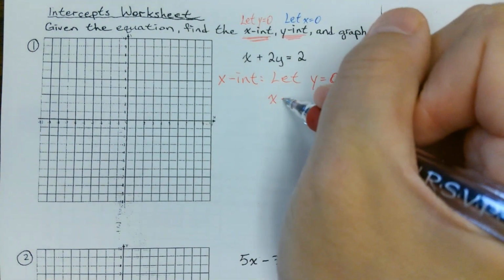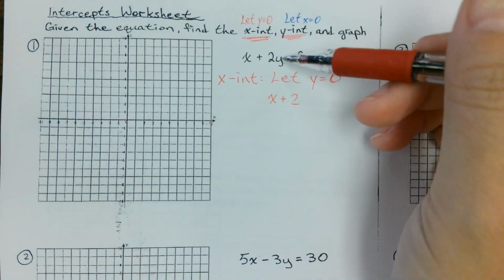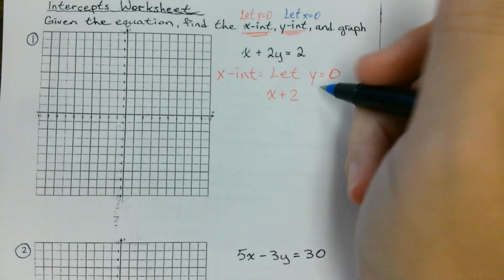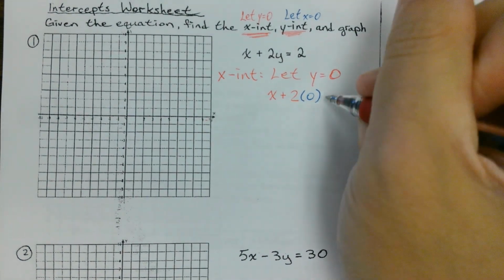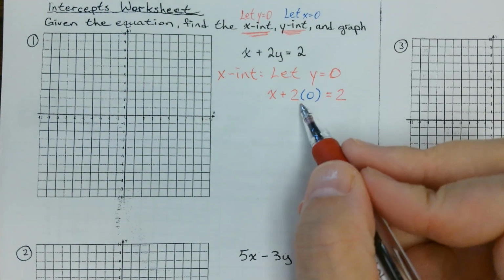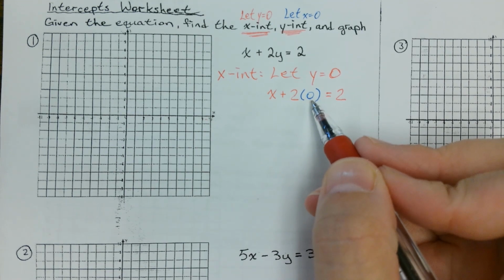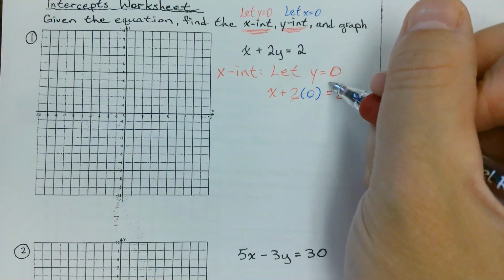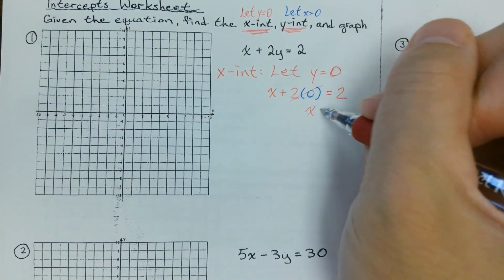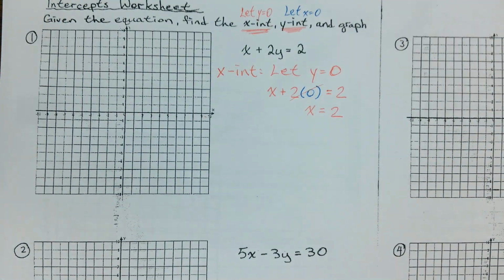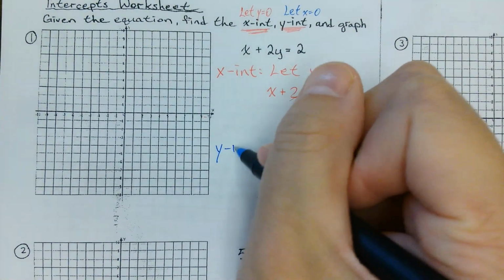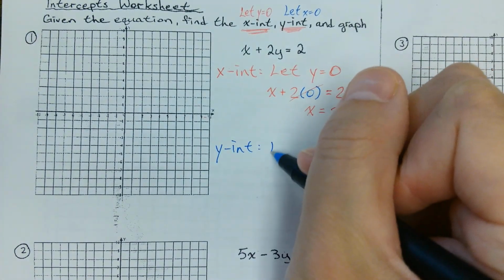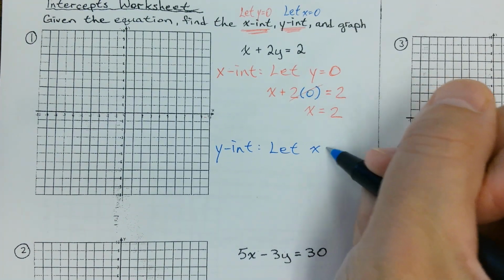When y is 0, we replace that y with 0. 2 times 0 is 0, so that's gone. So x is simply 2. Same thing for the y-intercept now. To find the y-intercept, we're going to let x equal 0.